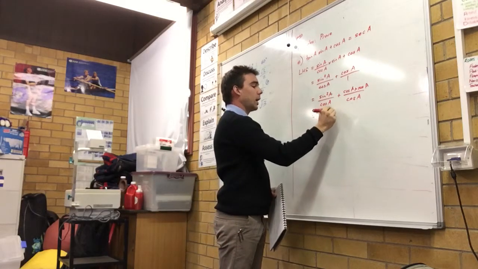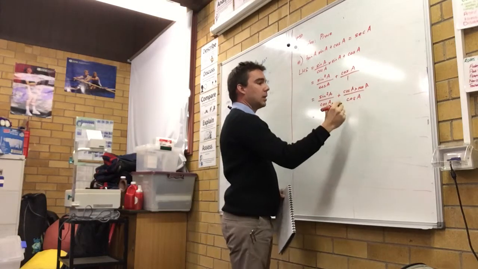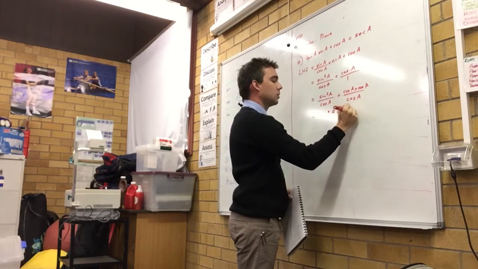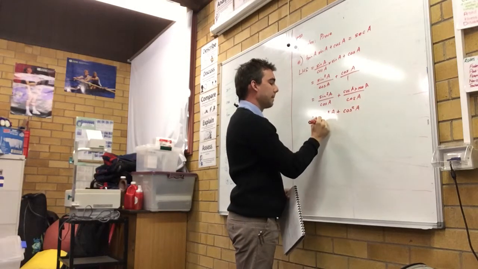So, equals sine squared of capital A over cos A, plus cos A times cos A, which will be cos squared of capital A.